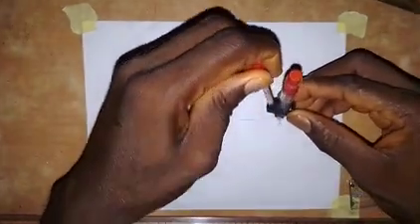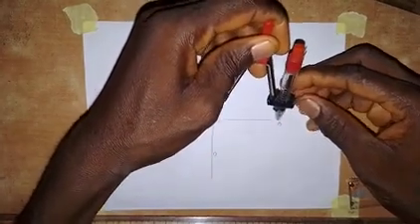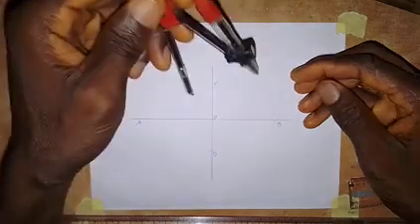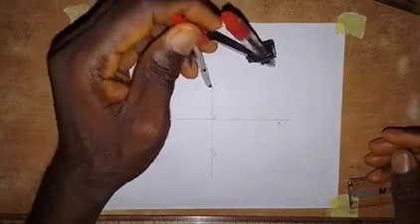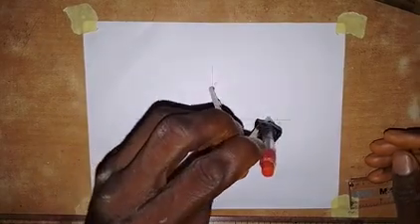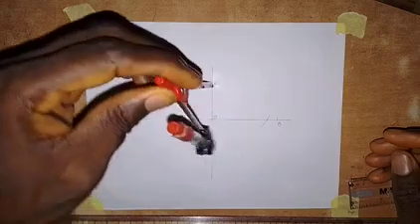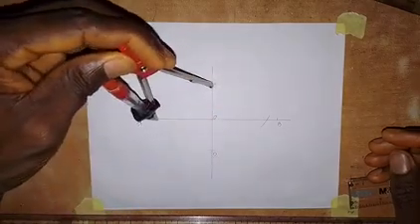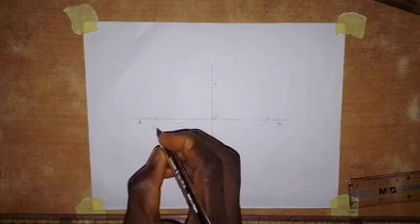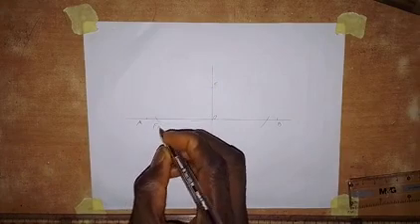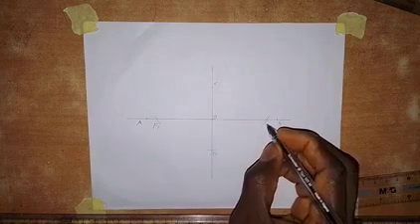We take the half of the major axis, that is OB, take distance OB like this, put the midpoint at C or D, anyone that you like, then make an arc on this line and an arc on this line. So this is going to be F1 and this is F2.